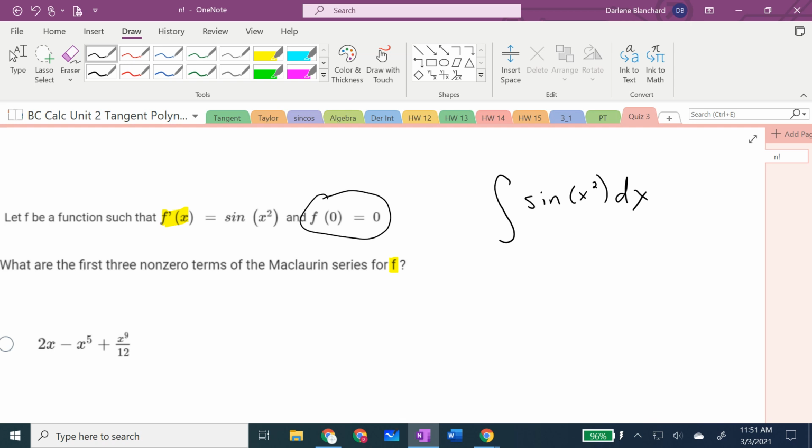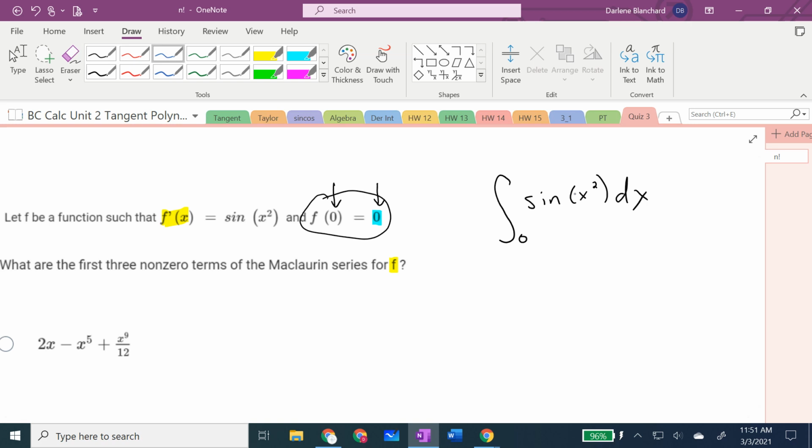Now, if I'm given that when I plug 0 in, I get nothing out, the fact that the answer is 0 says you can just integrate from the center to the variable.